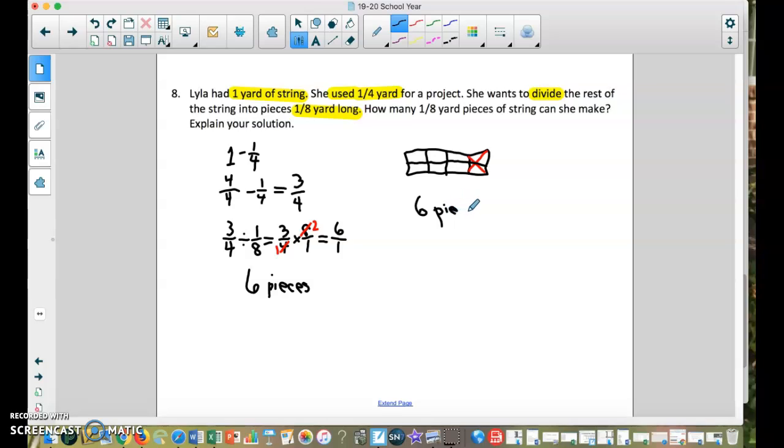And I'm refraining from putting the 1/8 because then it looks like I'm saying 1/6 and 1/8 yard pieces, but it's 6 pieces. And you can see that by saying 1, 2, 3, 4, 5, and 6.